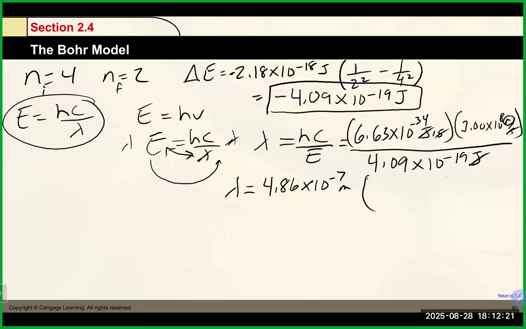Once again, converting that into nanometers, 10 to the minus 9 meters is 1 nanometer. Those are going to cancel, and that's going to get us to 486 nanometers in this case. Maybe something bluish.